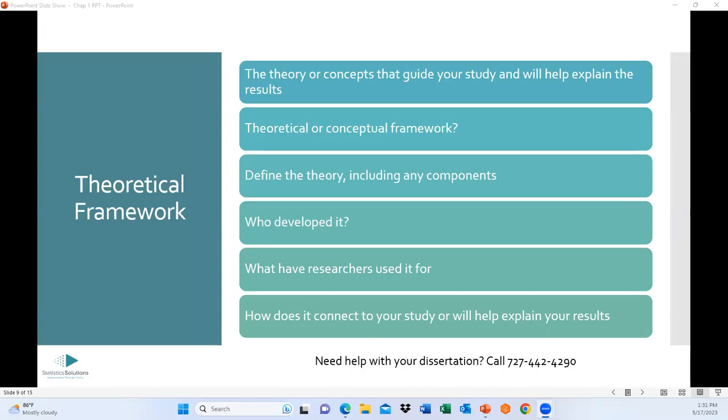Okay. Well, these instruments are based on theoretical foundations. They're not developed from nothing, right? They're developed from theoretical research. So when you talk about this theory of emotional intelligence in your theoretical framework, you're going to use Goleman's theory, right? Because you're using Goleman's instrument. So you don't want to use Goleman's instrument and talk about somebody else's theory, right?